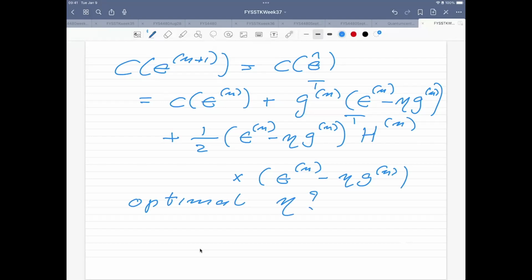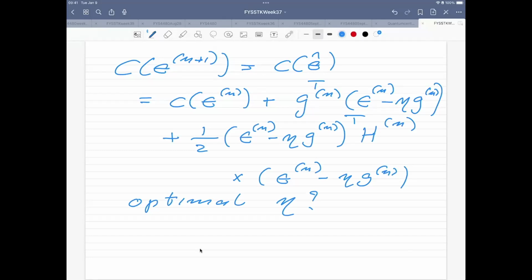So if you have this expression, I'm asking myself, can I use this to find a value for eta? How would you proceed if I give you this expression? You want to find the optimal eta value.